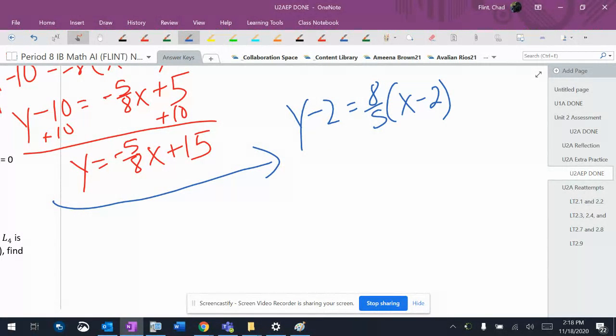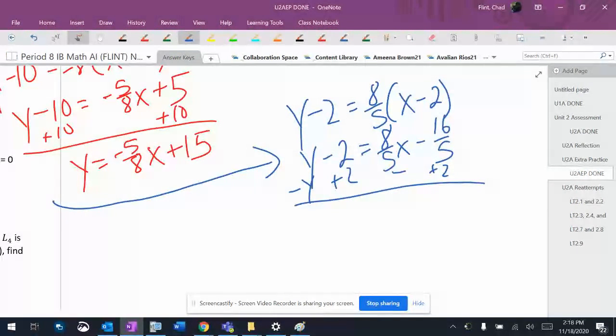And then I've got to solve this and get everything on the same side to get ax plus by. So y minus 2 equals 8/5 x minus 16/5. I'm going to add 2, and I'm going to subtract the y also. I want everything on the same side, and I want the x to be positive. So I'm going to leave the x alone there so it stays positive.